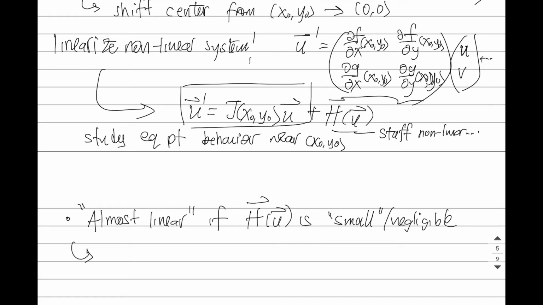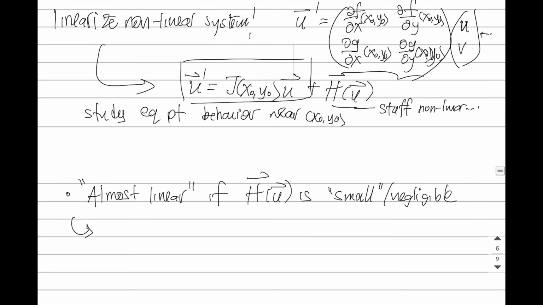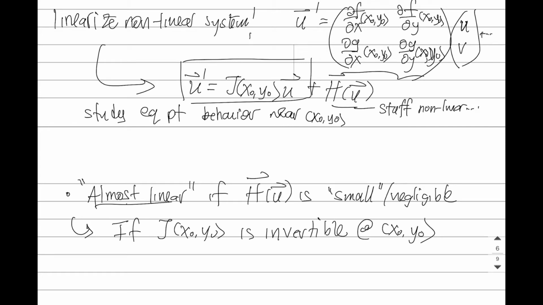It basically will say you will be almost linear if the determinant, or I should say that this matrix J, J of x naught and y naught, is invertible at that point. Now this matrix J is called the Jacobian matrix at that point.